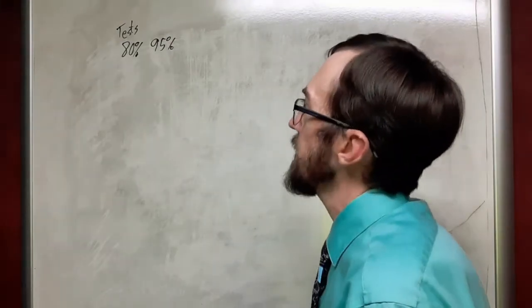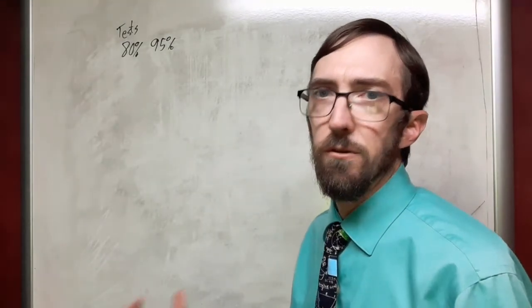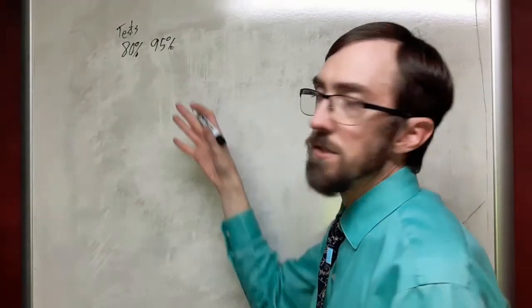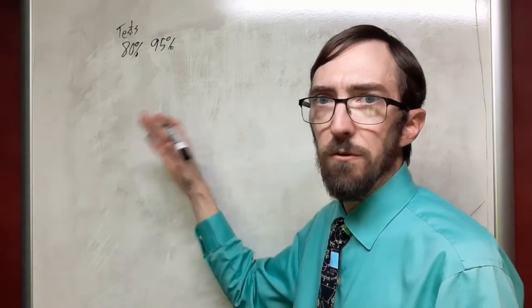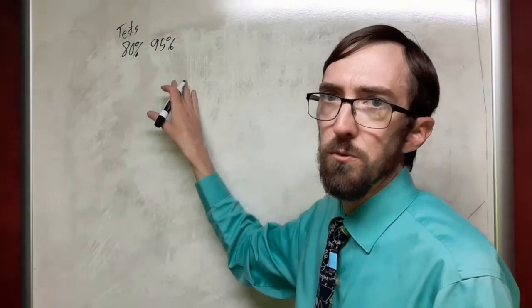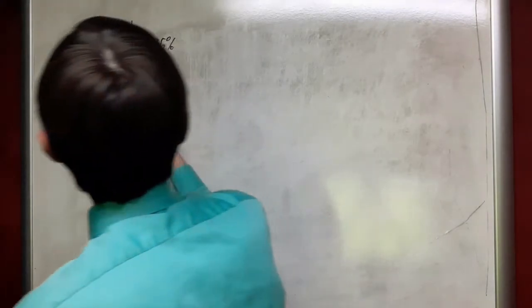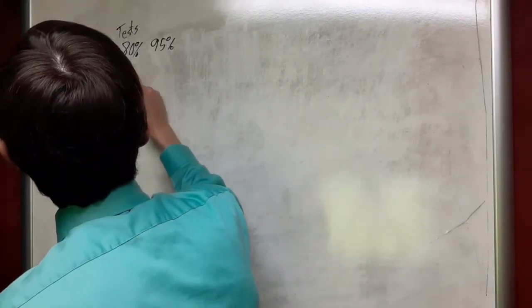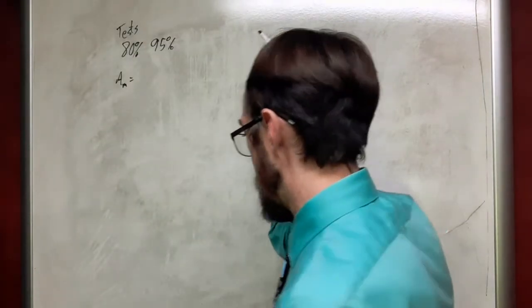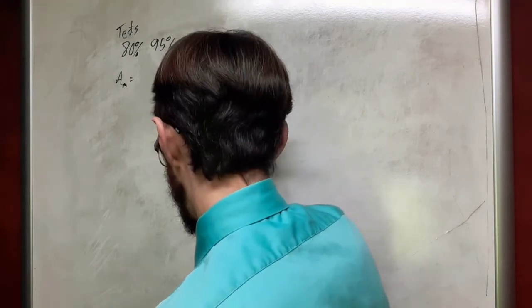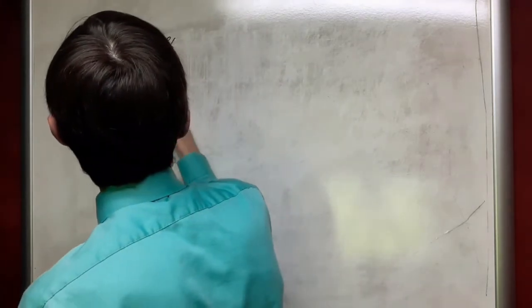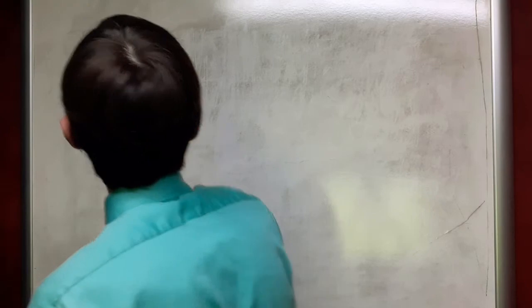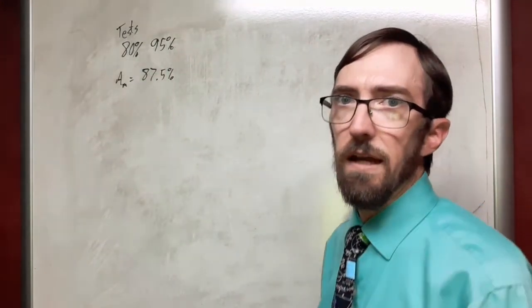Before we calculate the weight, we're going to take the arithmetic mean of these two numbers. We add them together and divide by 2 since there are two scores. When we do that, we find that the arithmetic mean is 87.5%.